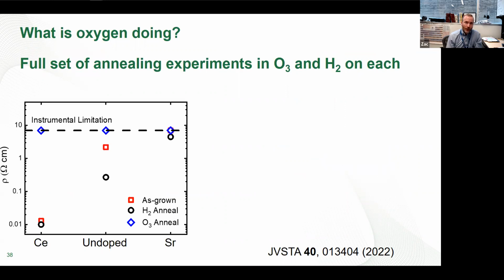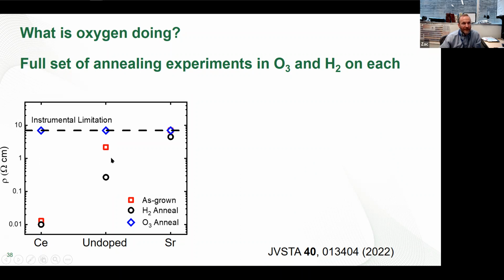And so we wanted to do a comparison between if we anneal this in ozone or hydrogen and see whether playing around with that oxygen content allows us to answer that. On the cerium, this is a cerium doped over here. This is as grown. If we hydrogen anneal, so we're trying to pull a little bit of oxygen out, you can see maybe we drop it a tiny bit more on resistivity. If we put more oxygen, if we really oxidize it, then we push it way up into basically unmeasurable insulator.